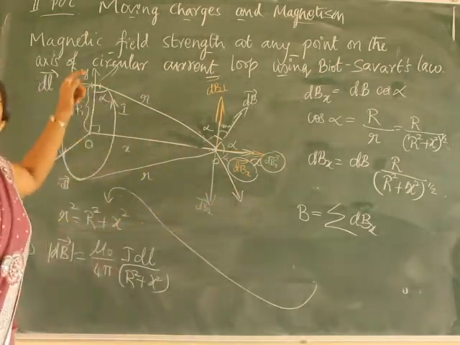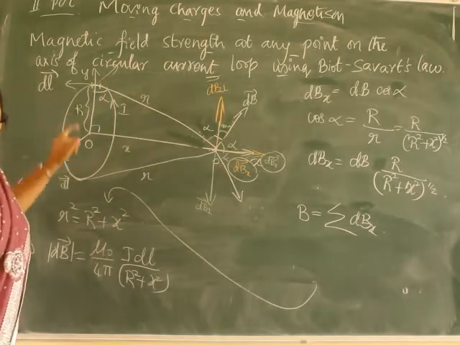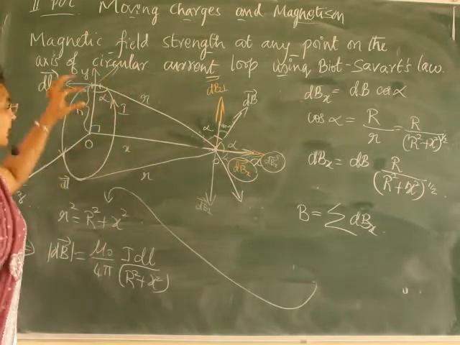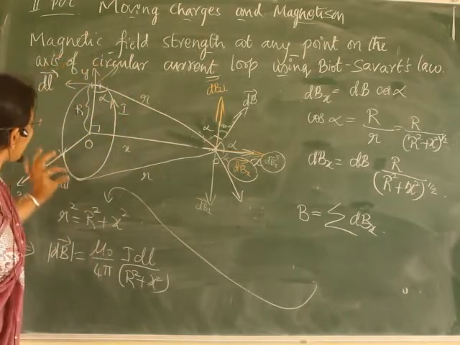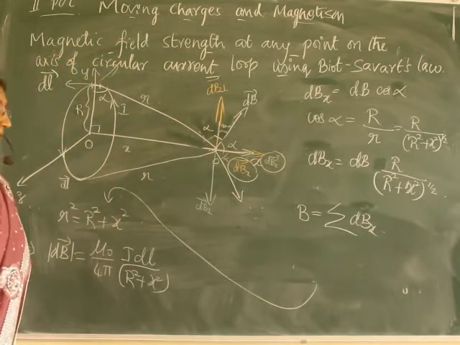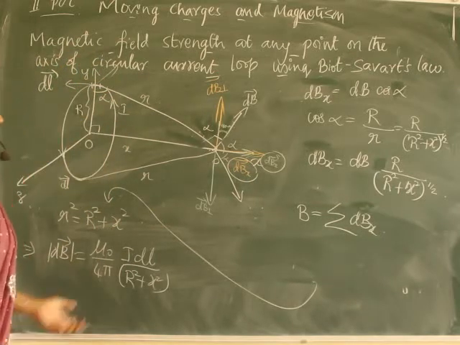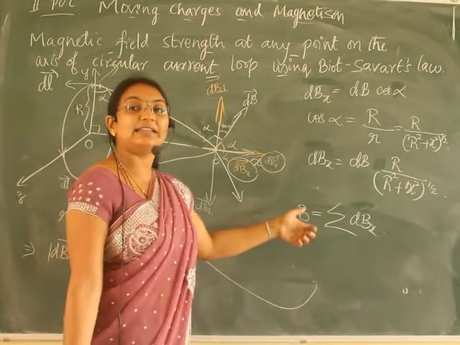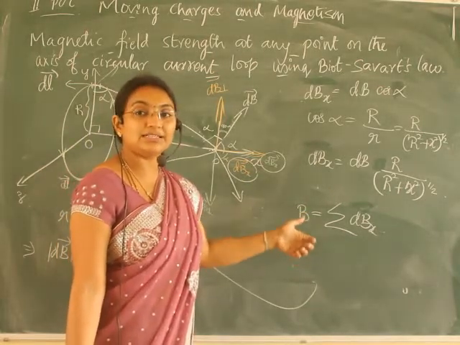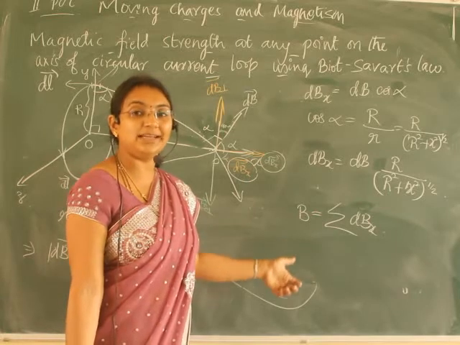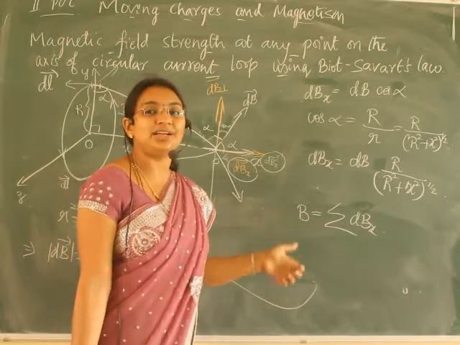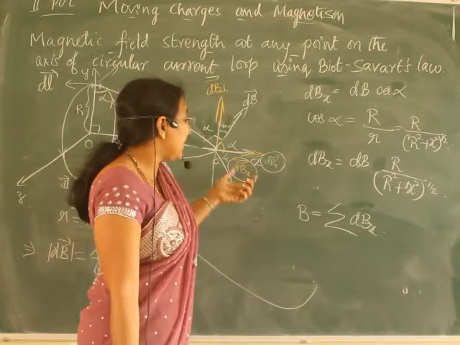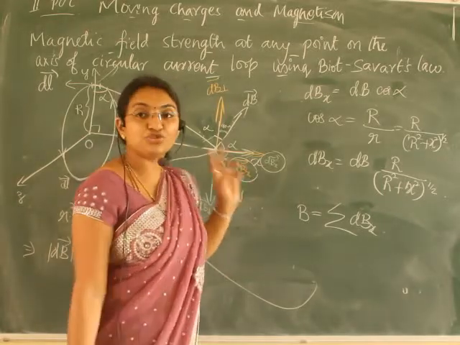But in reality, in the entire circular loop, there are n number of elements. Small pieces, if you add, only then one full circle will become. So for the entire loop, the magnetic field at the point P due to the circular loop, let it be B is equal to summation dBx. 1 is dBx, 2 means 2 dBx.